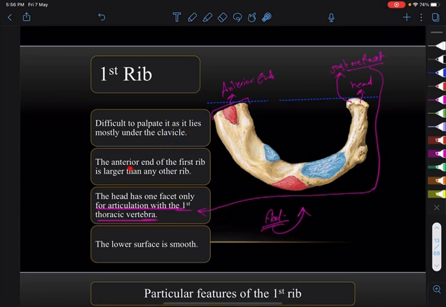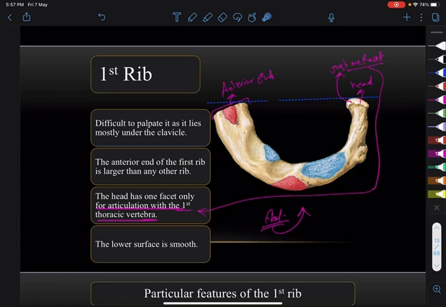The anterior end of the first rib is larger than any other rib, extensively larger relative to the others. The head has one facet, only for articulation with the first thoracic vertebra.